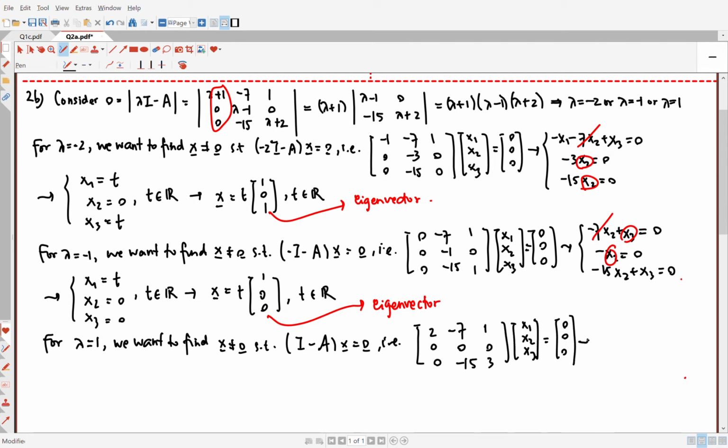So I will have 2x1 minus 7x2 plus x3 is equal to 0. The second row is just 0 equal to 0, so I don't write it out. Then the third one is minus 15x2 plus 3x3 is equal to 0.